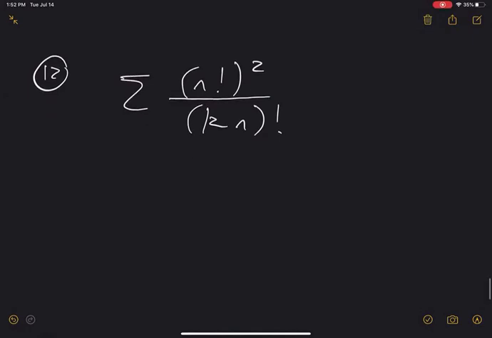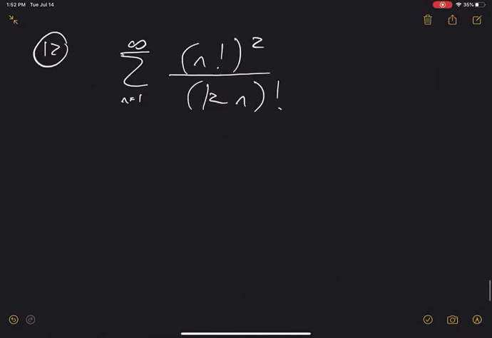That's an interesting problem. I see factorials, and maybe that's a clue to do the ratio test. Let's try the ratio test, and let's leave k as an unknown for a second.